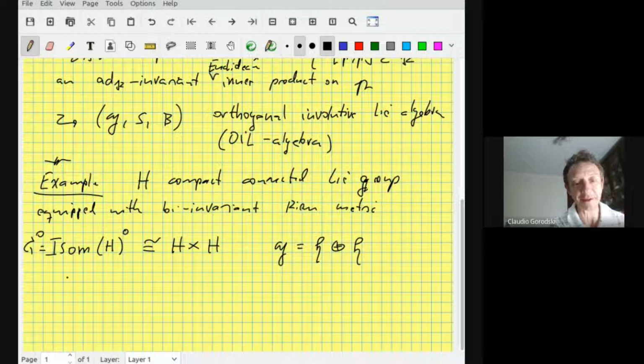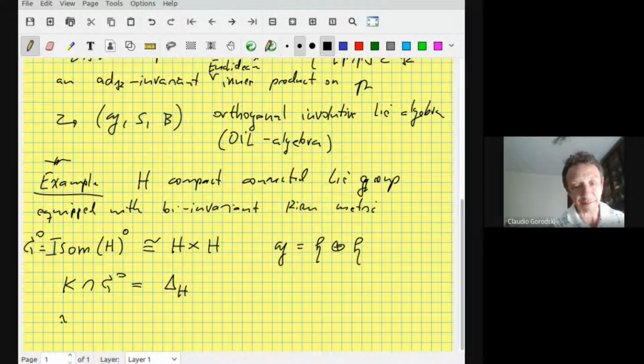Identity component, and then the isotropy group here, yeah, I can say that it's just the diagonal, right?